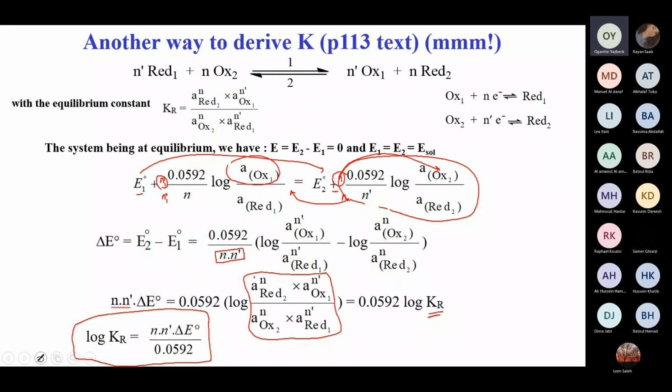So this is how the French derive that log K equals the total number of electrons transferred, n1 times n prime, times delta E naught, divided by 0.0592.